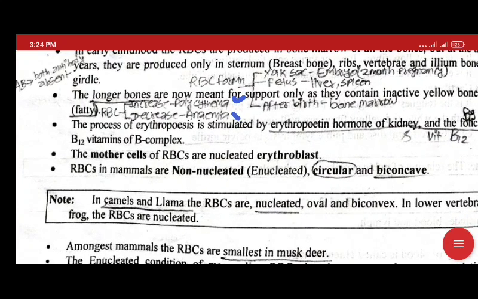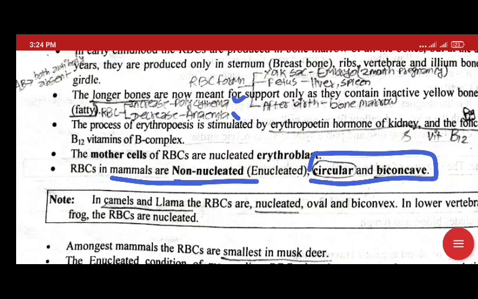The most important point is that human RBC is non-nucleated, because humans are mammals, and it is circular and biconcave. Why biconcave?